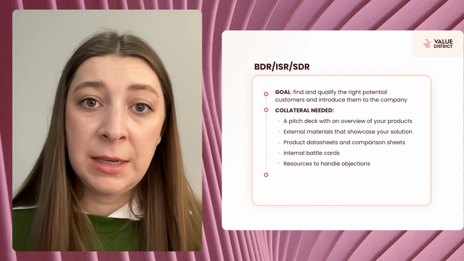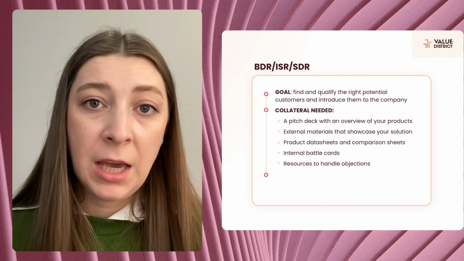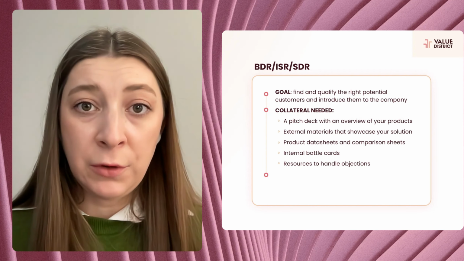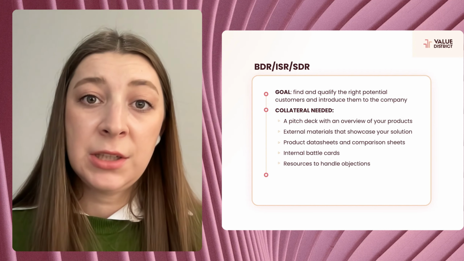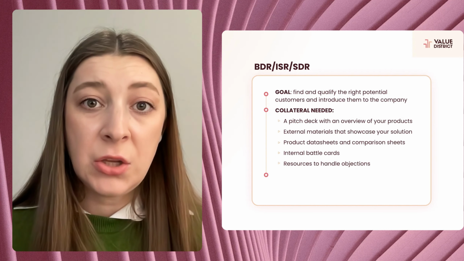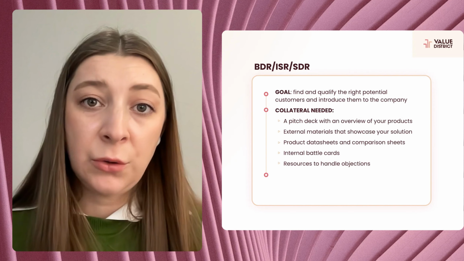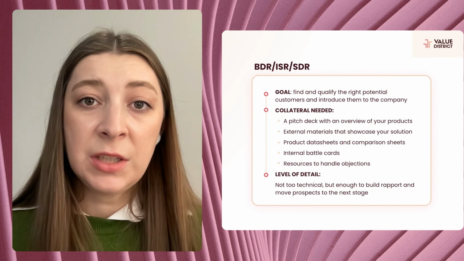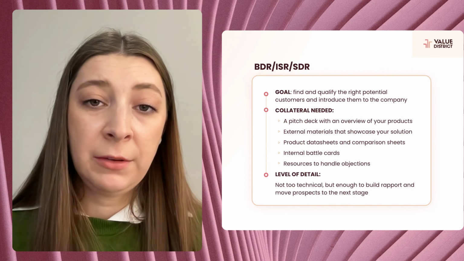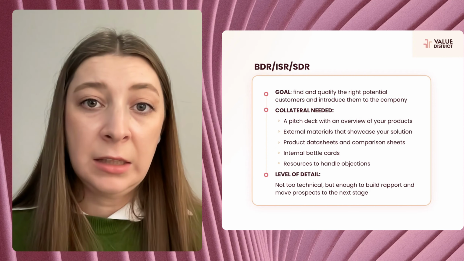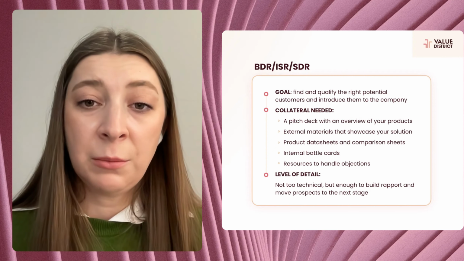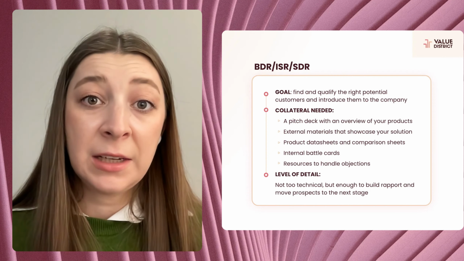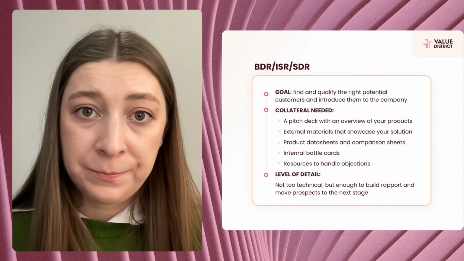The collateral that this team may need includes a pitch deck with an overview of your products, product data sheets and comparison sheets, internal battle cards, and resources to handle objections. When it comes to product education, this persona needs to learn about topics relevant to the client's business and not too technical, but enough to build rapport and move prospects to the next stage of the buyer journey.